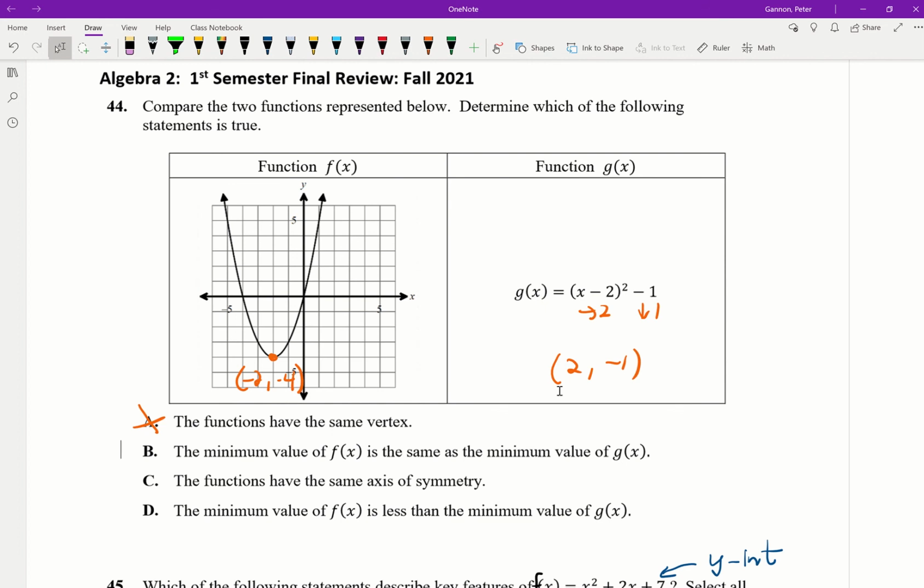Well, -4 is not the same as -1, so that's wrong. They have the same axis of symmetry. Well, that's going to come from the h coordinate, or the h value. -2 is not the same as 2, so that's wrong. Leaving us with D, the minimum value of f of x is less than the minimum value of g of x. -4 is less than -1. There's the answer.